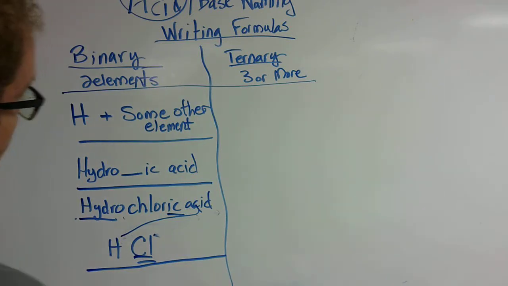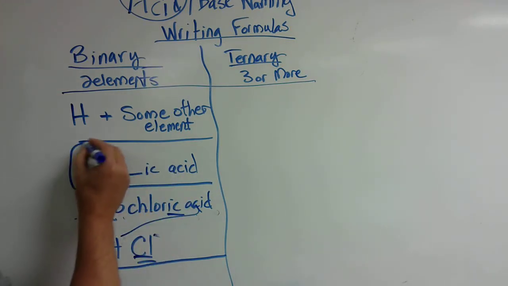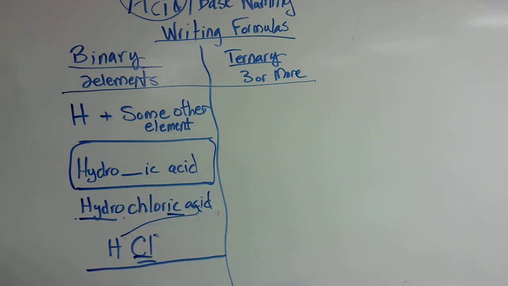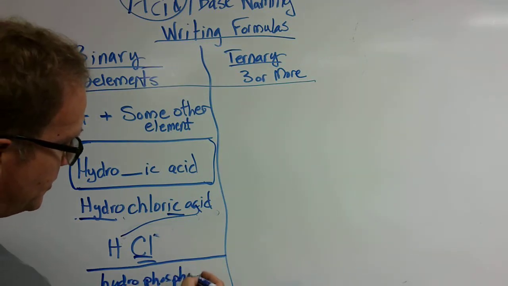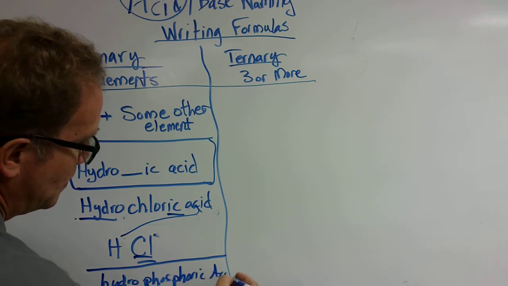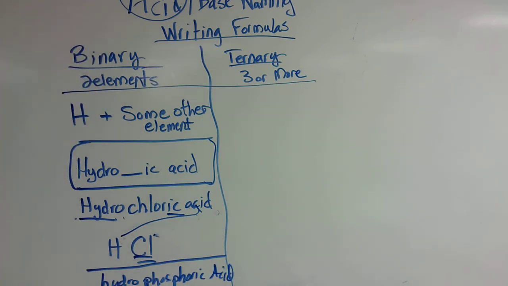Now let's go ahead and do another one. I'm again going to start with the name. I'll put this in the box so it's not confusing. Hydrophosphoric acid. When I'm doing this, your mind should automatically be trying to figure out what you're going to be writing. Again, the ionic naming system is the same as writing the formula for a binary ionic compound.